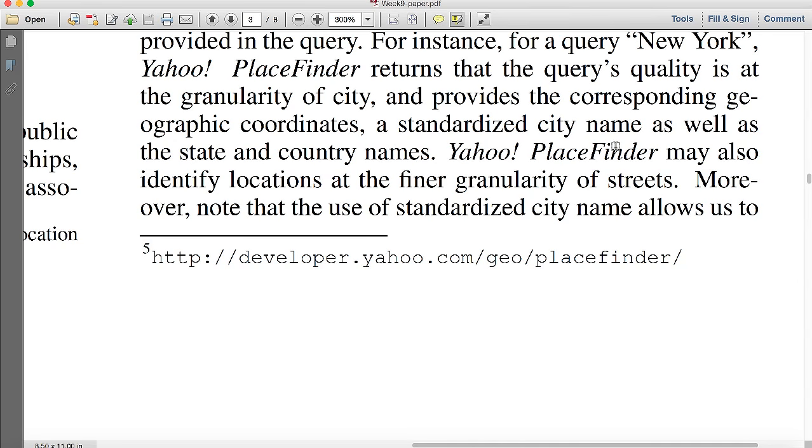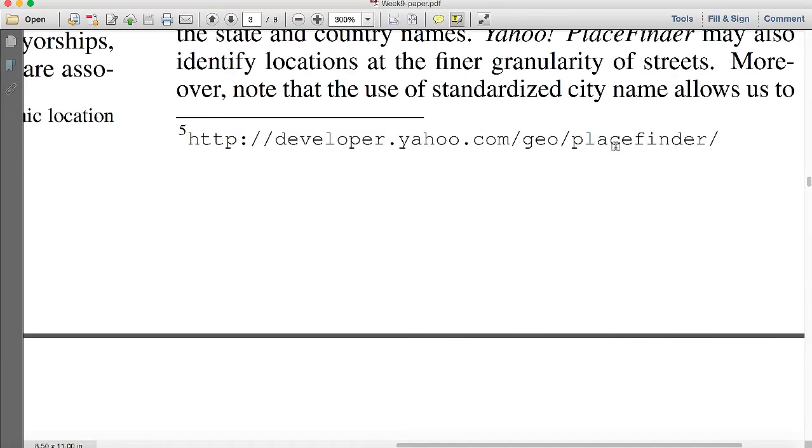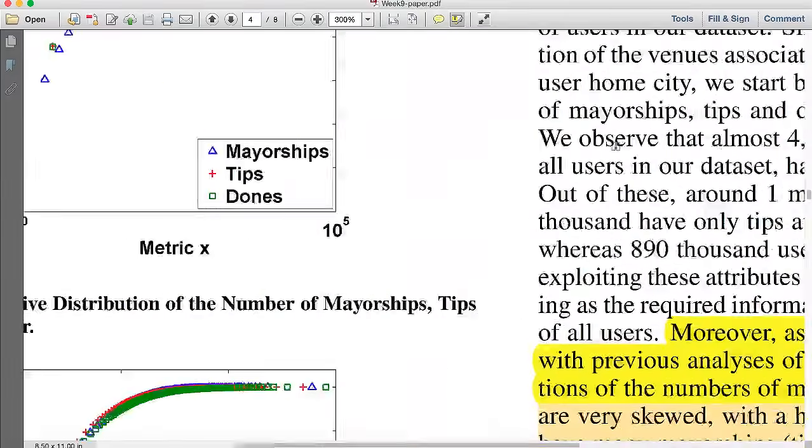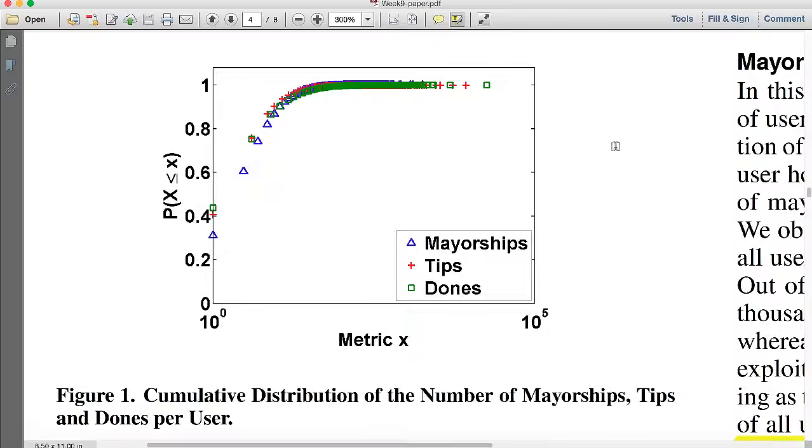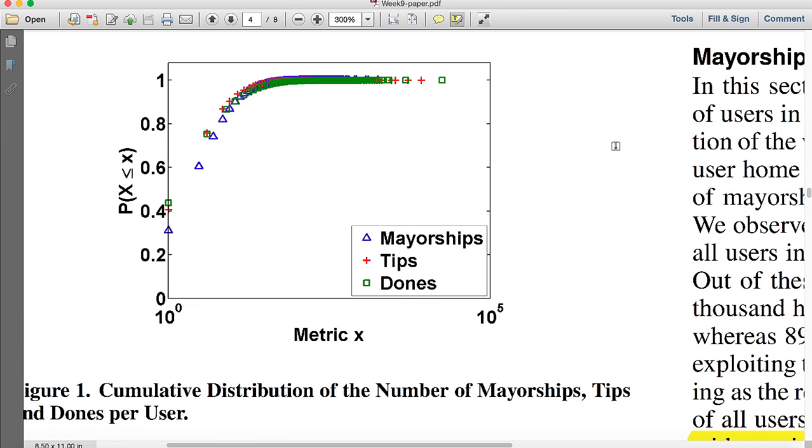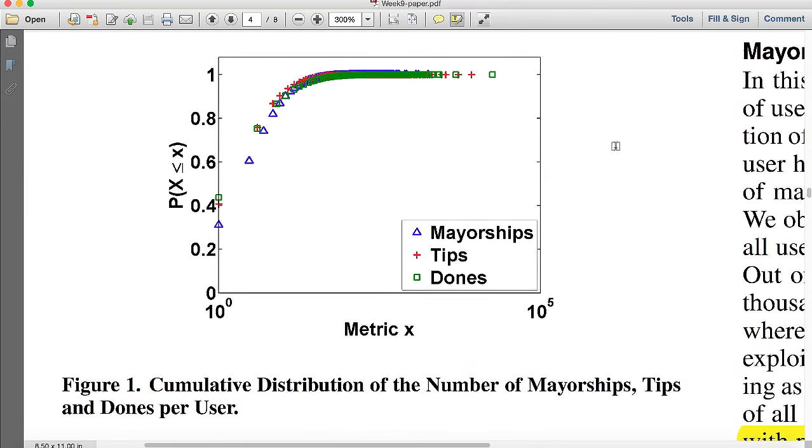You give the latitude and longitude, it will give you the location. Many such tools were used in this particular research to find out the location of the check-ins, tips and other information that was collected.